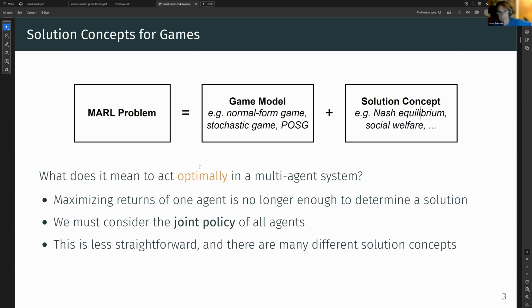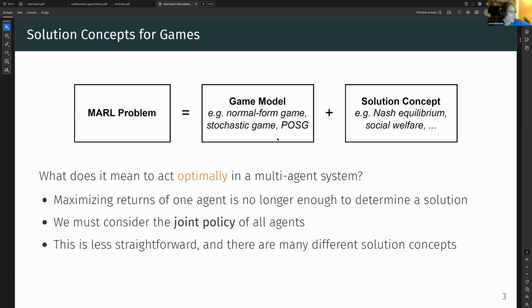So the question we have to answer for these is, what does it mean to act optimally for multiple agents? Now when we have a single agent system, like we typically have with RL, there was a pretty straightforward answer to this question, which is we're trying to maximize the reward that the agent gets.